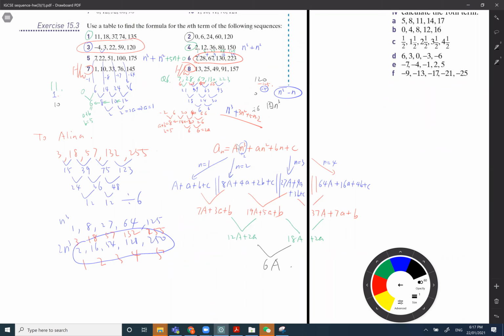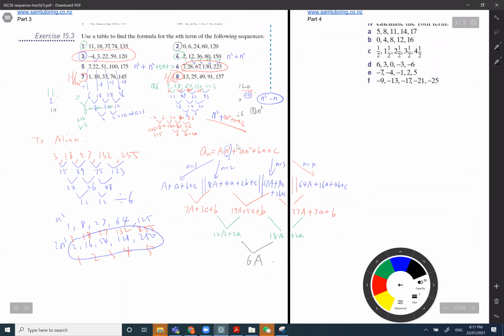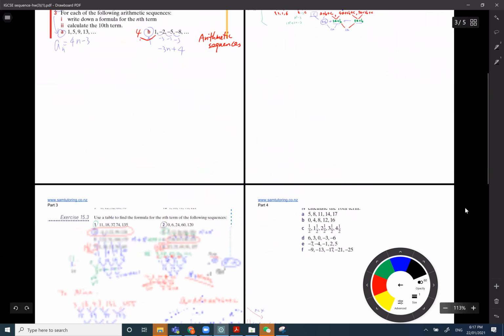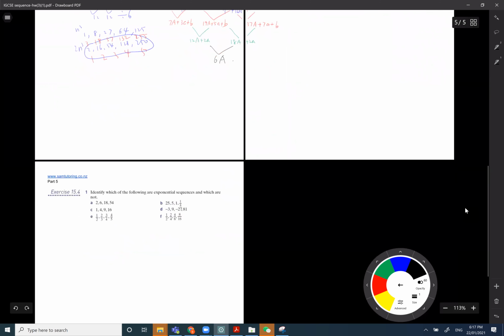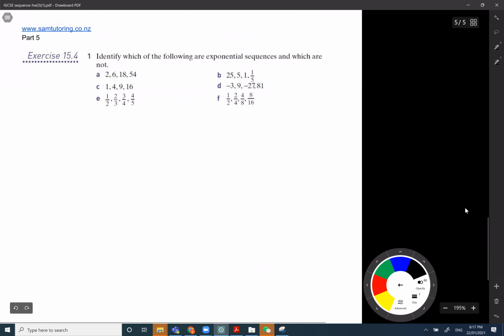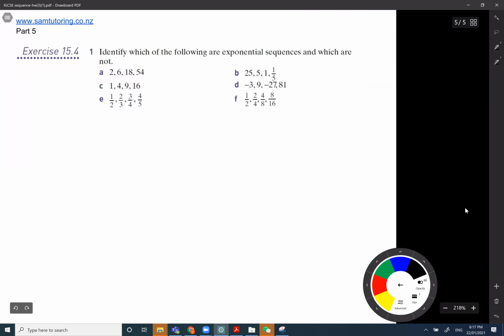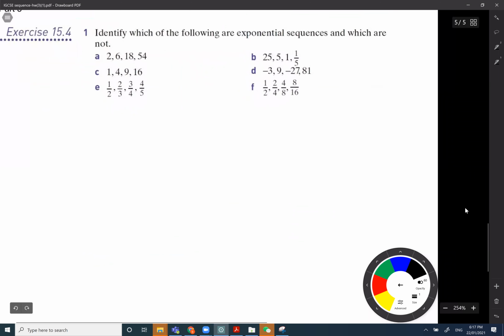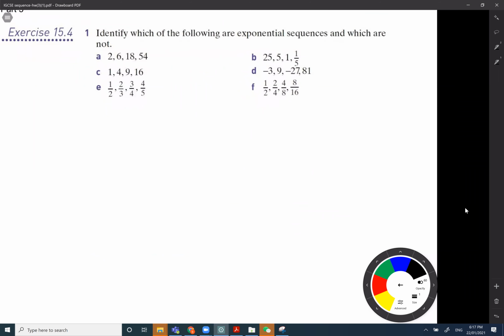Okay. Good. Sophia, very active, very good. Now, we did exponential last week. We have 2 types of exponential.